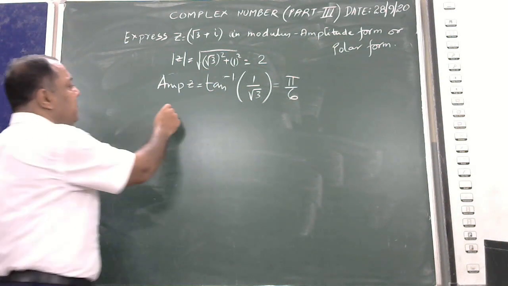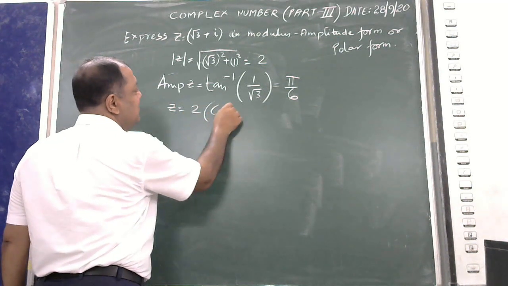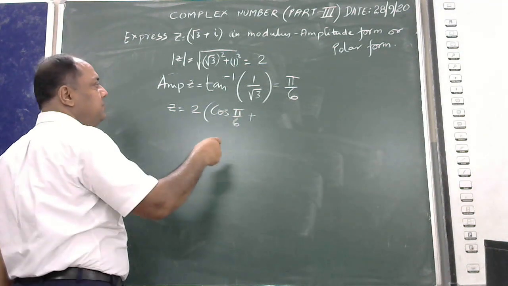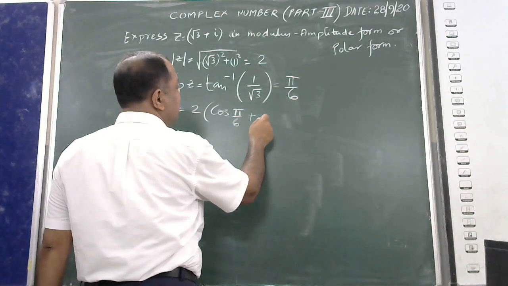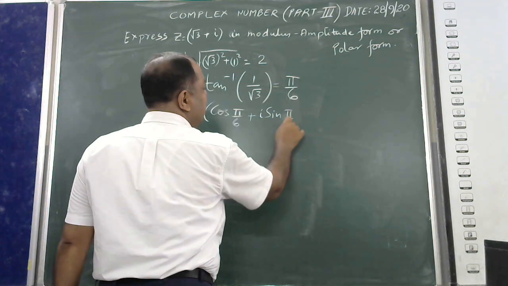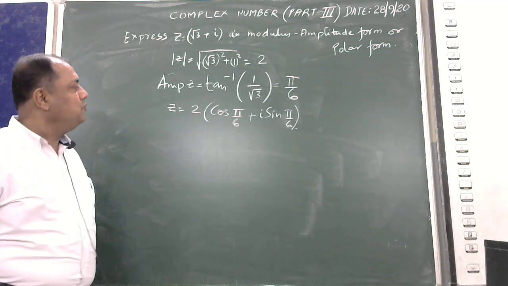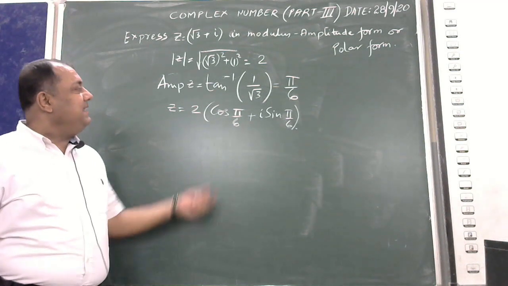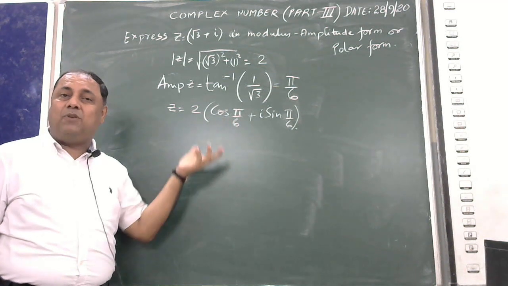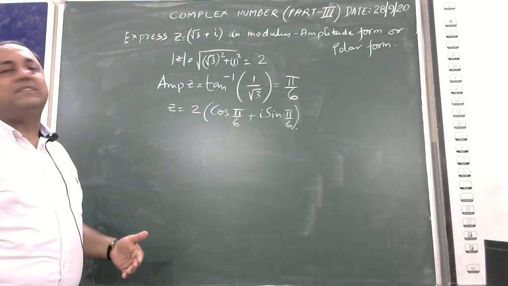This particular complex number may be written as 2 cos pi by 6 plus i sin pi by 6. Therefore, it is the modulus amplitude form of the complex number, or the polar form of the complex number root 3 plus i.